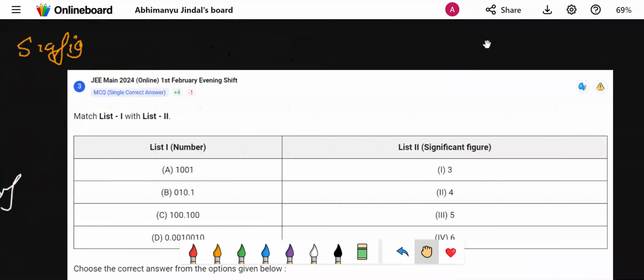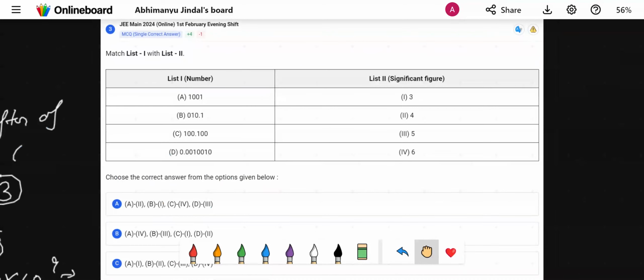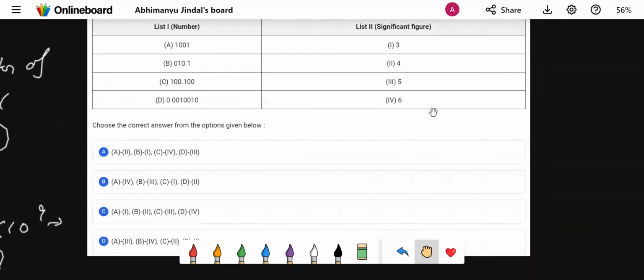Okay, now let's solve this question, which is a Dolly question. I'll be honest, there's no way this is a question asked in JEE because I don't respect this question at all. But let's see.